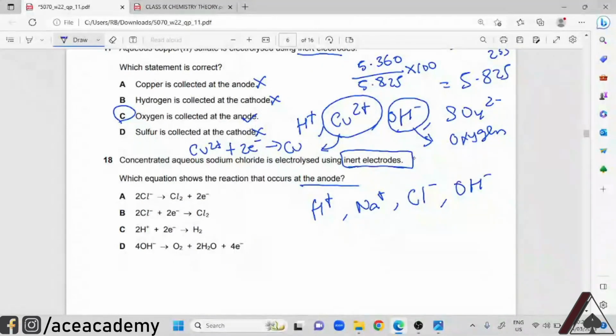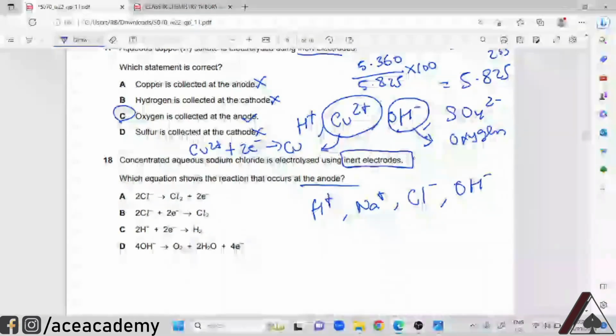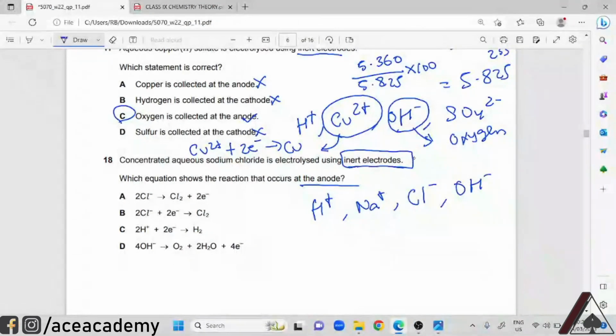Since it is a concentrated solution of sodium chloride, chlorine will be the one that we receive at the anode and not hydroxide. And for the cathode, since hydrogen is less reactive than sodium, we will get hydrogen.